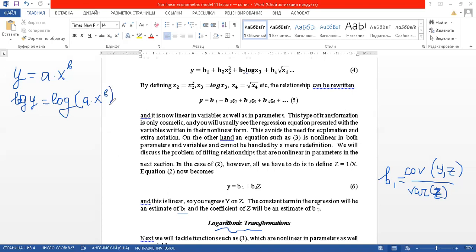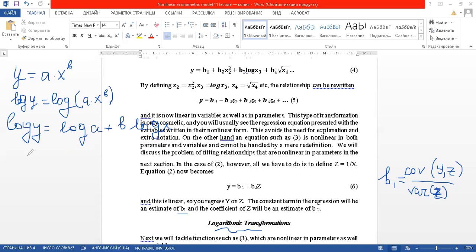We can write log y as a sum of logarithms, log a and b times log x.